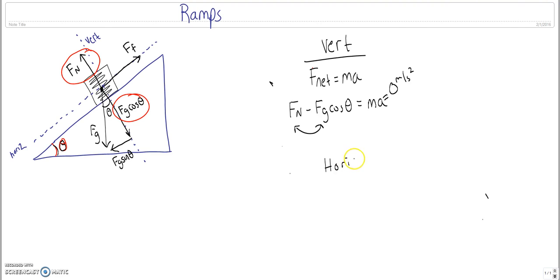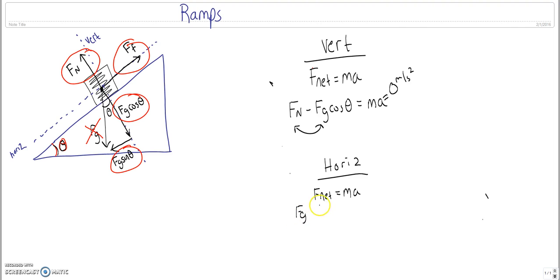But horizontally, now I've got this force and I got this force. We broke this Fg up. We no longer have to use it. So now when we go and solve for our forces and we start with Fnet equals ma, we've got two forces, Fg sine theta and Ff.